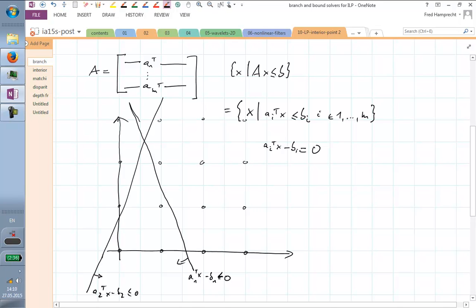And let me add just a third constraint, that A3 transpose x minus b3 should be no more than 0. So, in other words, I now get a feasible region that I'm coloring here in yellow.